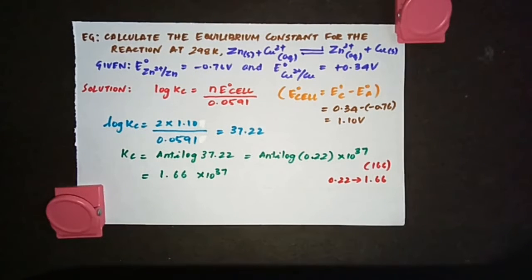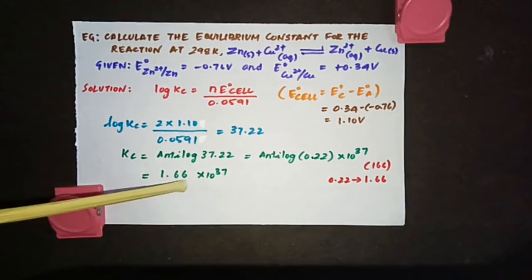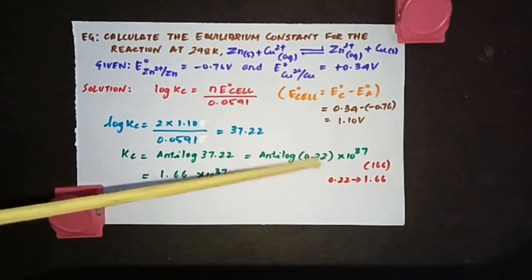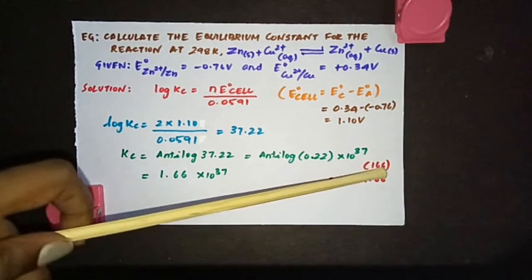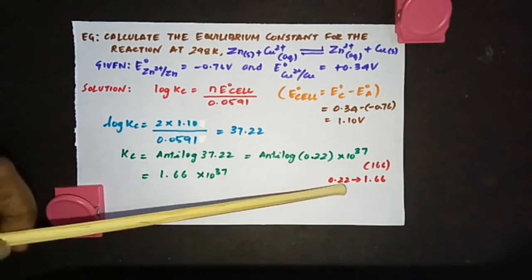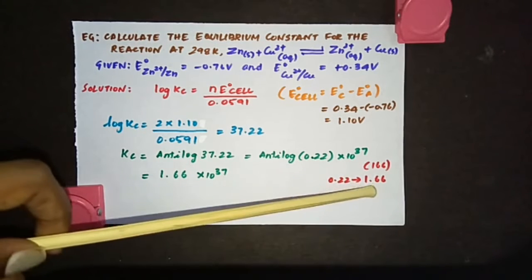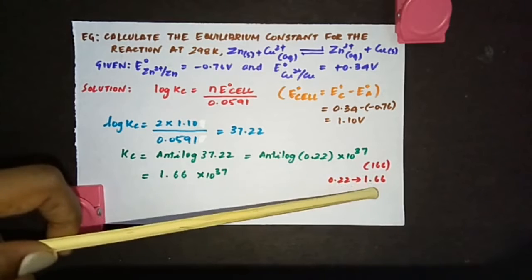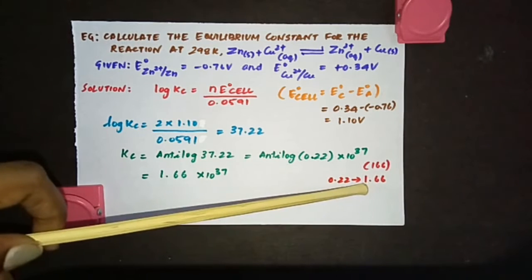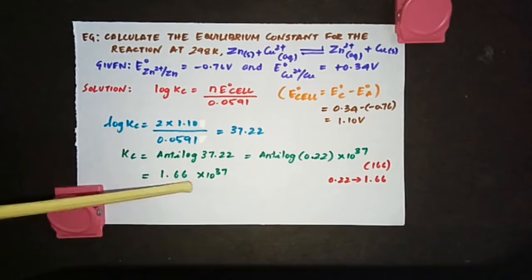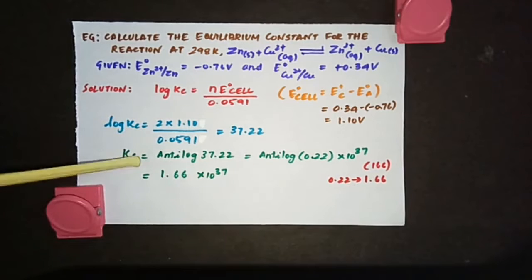You will get a value of 166. See? The anti-log value for 22 is 166. Now place the decimal looking at the value before the decimal. Here again before the decimal you have 0. So put the decimal after one digit. So 1.66. So 1.66 into 10 to the power 37 is the Kc value.